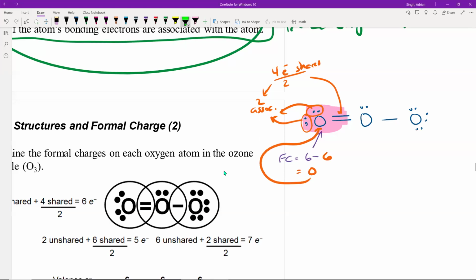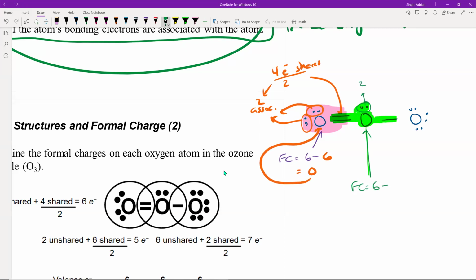If I take a look at the oxygen in the middle, I have a lone pair, I have a double bond, and then a single bond on this side. So the formal charge for that one, following the same thing, is our valence electrons for oxygen, which is 6, minus the associated electrons. So we have a lone pair, this counts as 2.